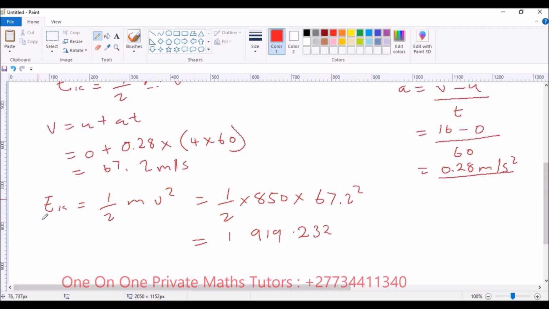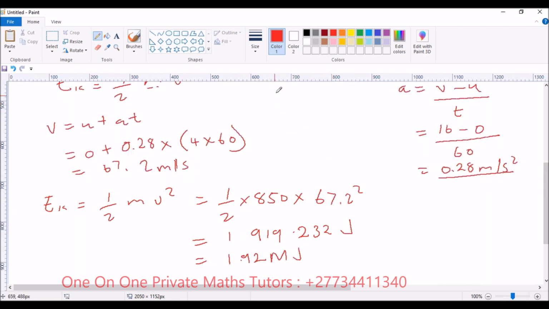And remember, the unit for energy is joules. We can present it as 1.92 mega, meaning million joules.